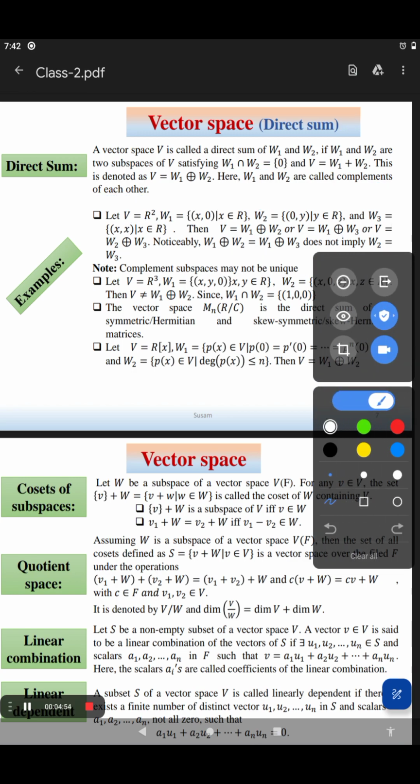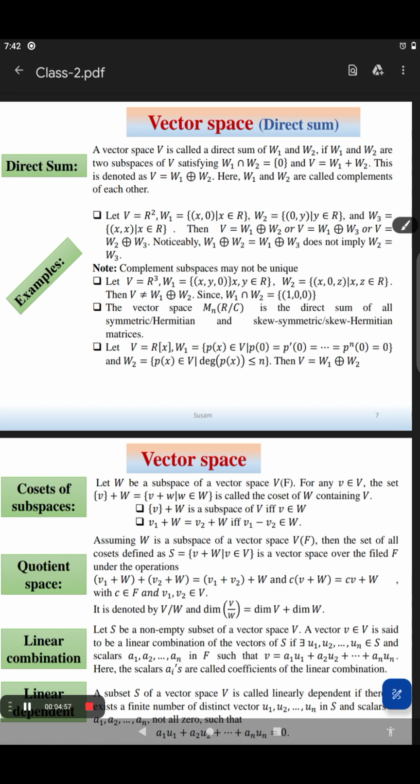Okay. Now the vector space M_n(F), that is the set of all matrices of order n, is the direct sum of symmetric and skew-symmetric matrices if the underlying field is R, or the direct sum of Hermitian and skew-Hermitian matrices if the underlying field is C.